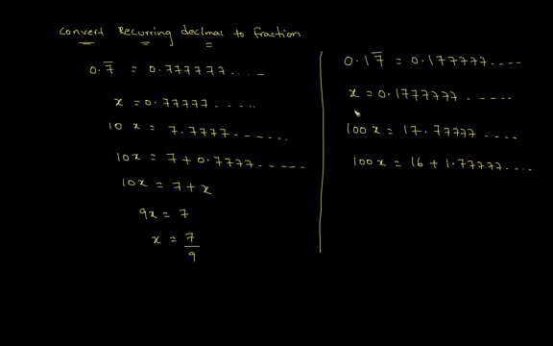If I multiply by 10 on both sides, 10x equals 1.77777. I get the same thing. So 100x equals 16 plus 10x. So 90x equals 16, x equals 16 by 90.